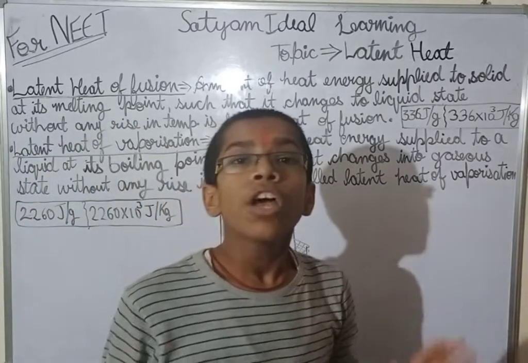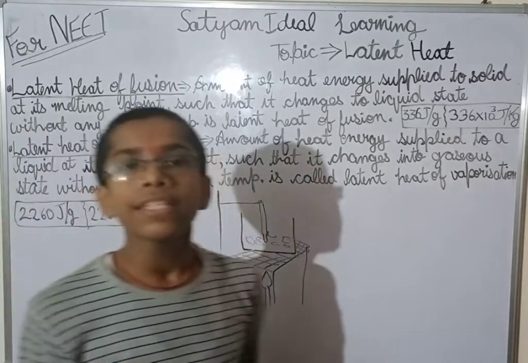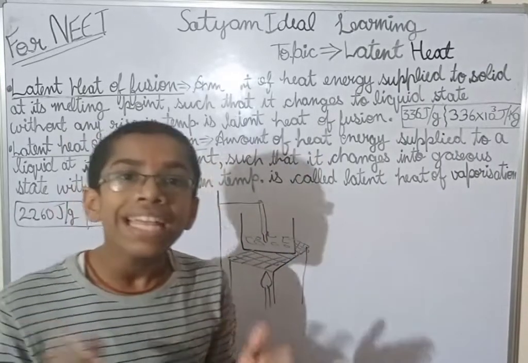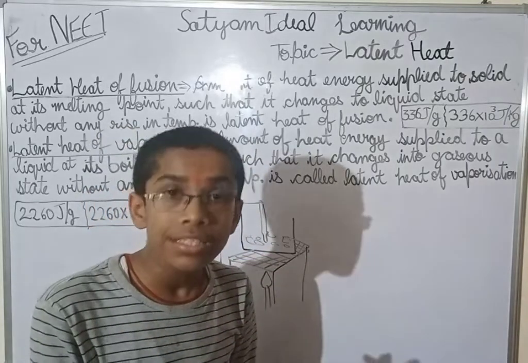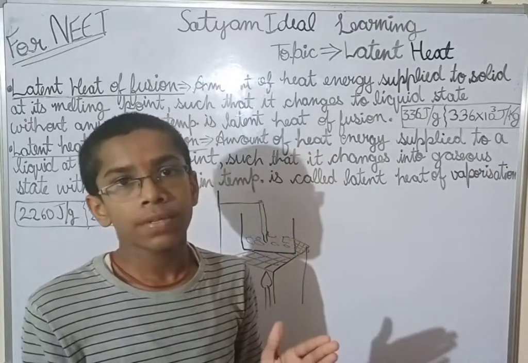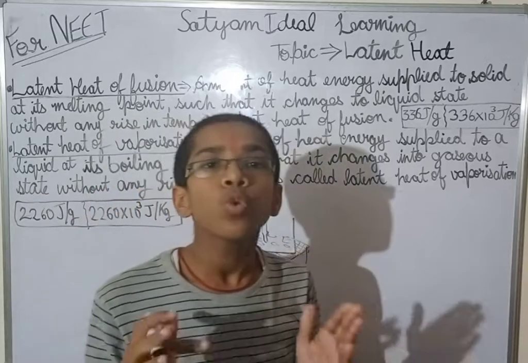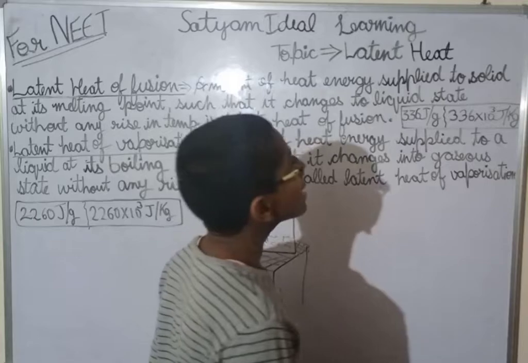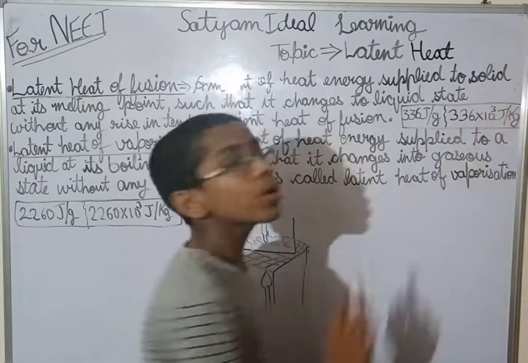See, the amount of heat energy required to change 1 kg of ice at 0 degrees Celsius into water at 0 degrees Celsius, that is called specific latent heat of fusion of ice. Clear? And that is 336 into 10 raised to power 3 joule per kilogram.